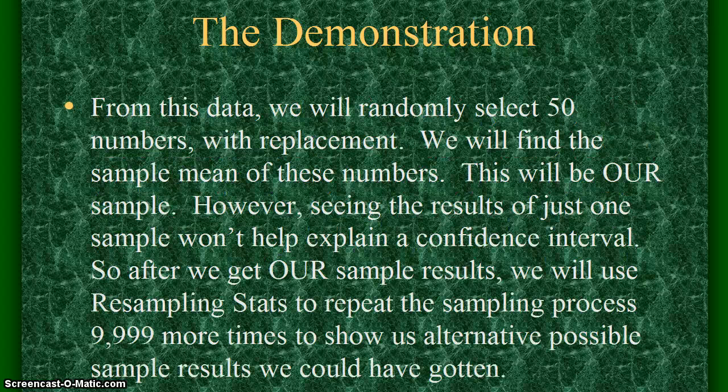From this, we're going to select 50 numbers and find our sample mean. This is going to be our mean, the one that we would have gotten if we only did it once. But then, just to show that what we get is one of many possible sample means, we're going to do 9,999 more selections, and we'll see where ours fits into the whole picture.